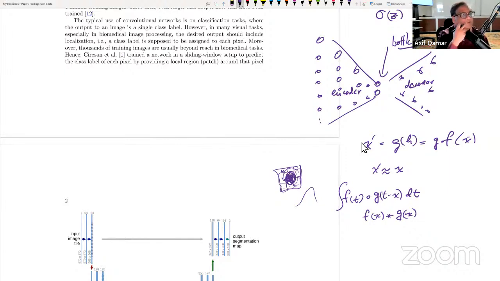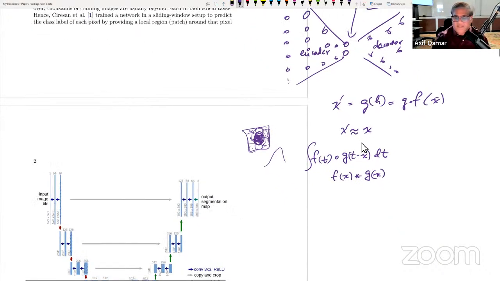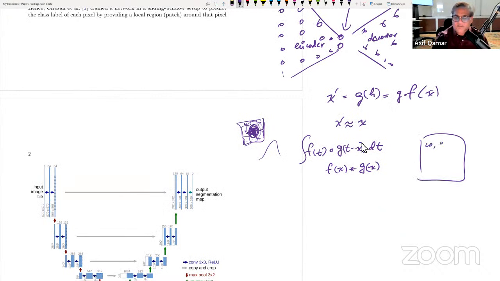But in image processing, you have discrete values. You don't have a bell curve. You'll have some weights, W1, W2, W3, all the way to W9. So this is a 3x3 filter that you convolve with. It means every input value you multiply it. Now, based on the way you set the values, and again, I'm rehashing the theory, you can have an edge detector, you can have a line detector, you can have a point detector, things like that.